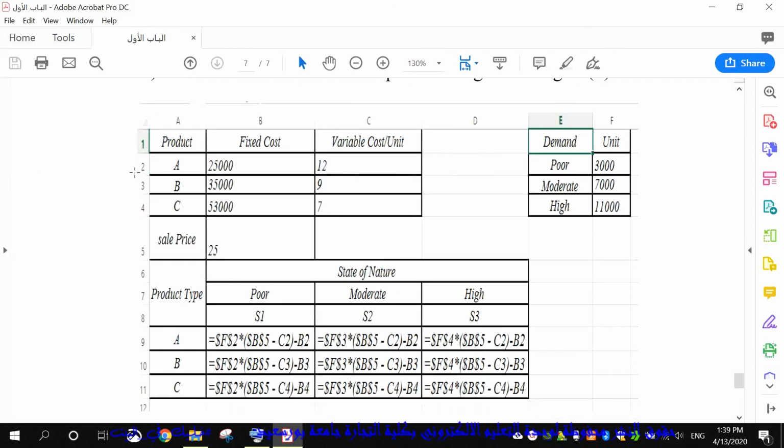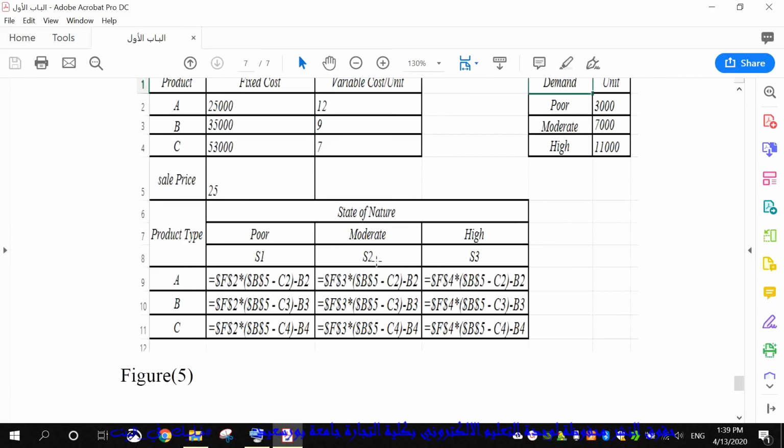Remember, the whole solution will be in the form of products, fixed cost, variable cost for the products A, B, C, and demand and the units in case of poor, moderate, and high. And the creation of the payoff matrix will be in the form of product type. Given the products A, B, C, we have three alternatives or three states of nature: poor, moderate, high, which are denoted by S1, S2, and S3.